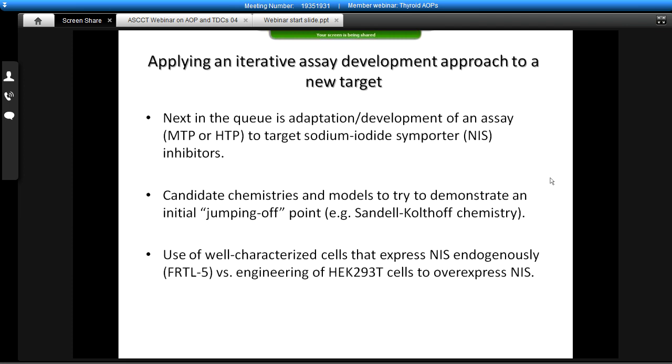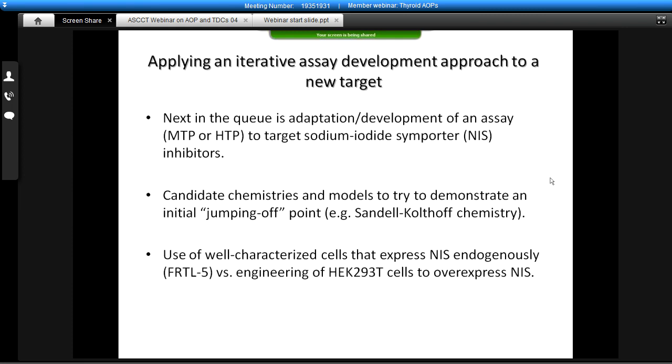So that is the goal, and keeping that in mind, what that makes clear is that we would really need more assay development. And so I've already intimated to you that the sodium iodide symporter is my next target of interest for developing another screening assay.